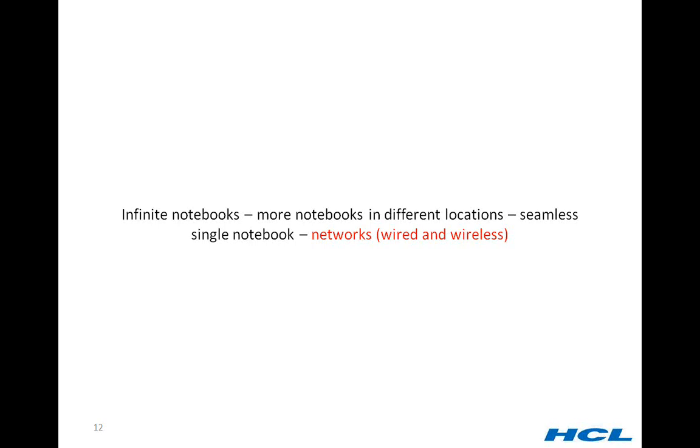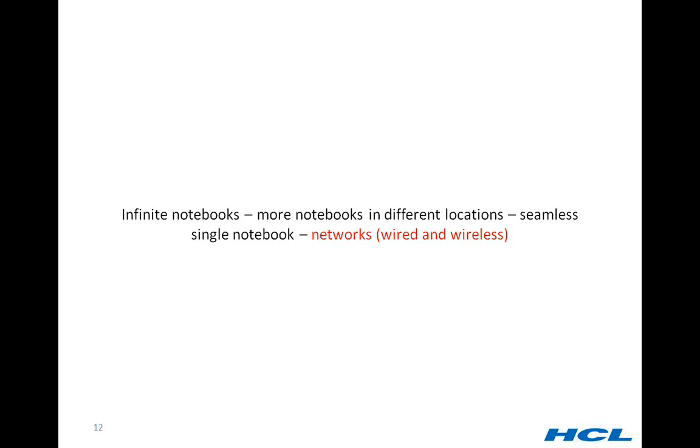If you look at it, you are really looking for some sort of infinite notebooks. You don't want any limits on that. Even Google offers unlimited space for you; even for each email account, a huge amount of space is given to you. But how do they really go about it? What really makes it possible?